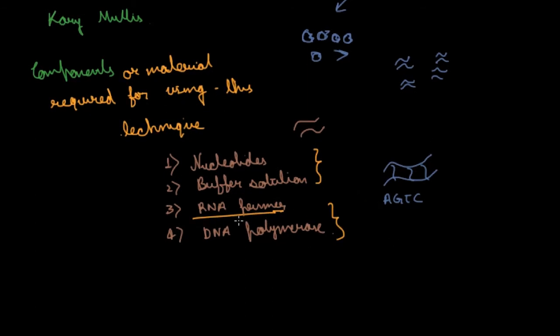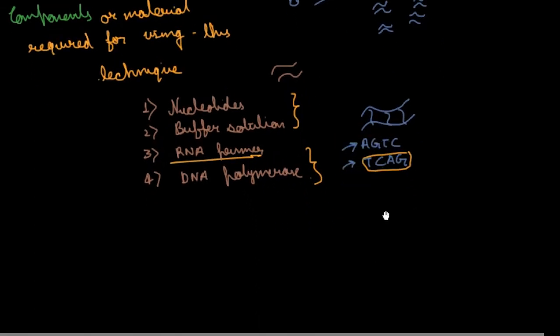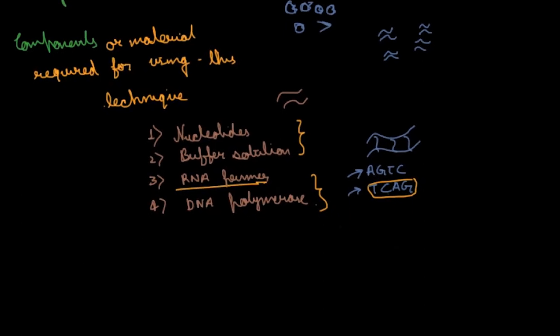The RNA primer is designed in such a way that it has complementary bases. For example, let's say this is from our DNA part, so the complementary bases will be these. Our RNA primer will have this sequence so that it can attach at the starting point or the beginning of this DNA. So why are we talking about this?